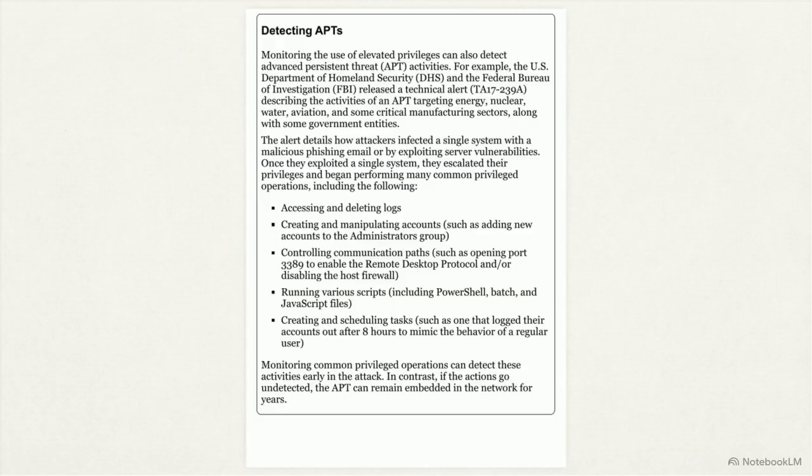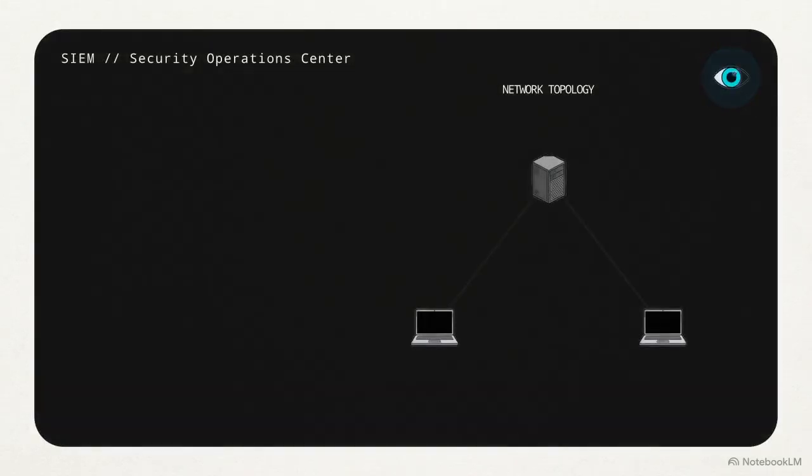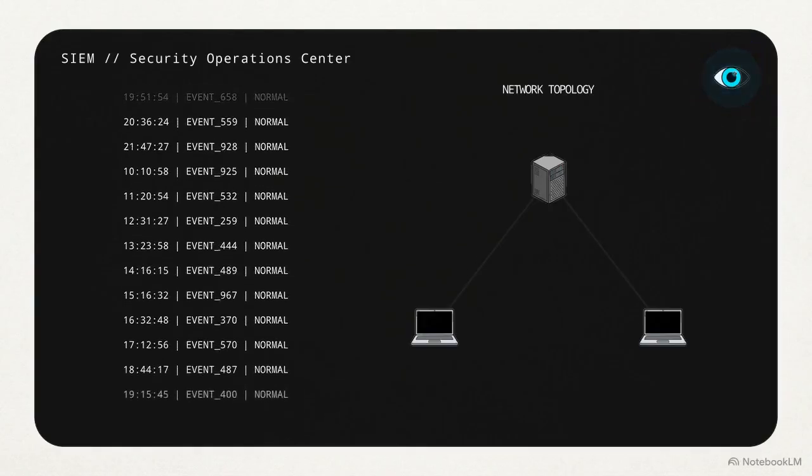As this alert details, once an APT gains a foothold, they attempt common privileged operations, accessing and deleting logs, creating rogue accounts, or scheduling hidden tasks. We pair PAM with security information and event management systems to monitor these precise actions.